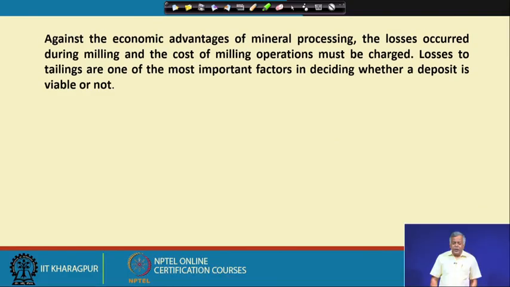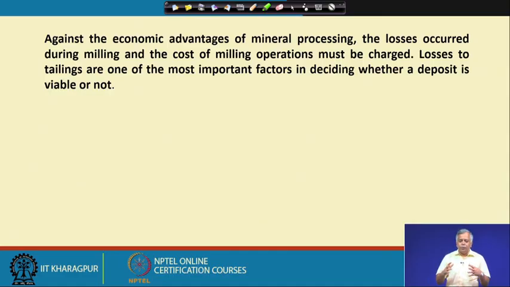Now, even during the mineral processing operation, you must be very careful that when you are breaking the particles, because as I said, the second step of any mineral processing operation is comminution.